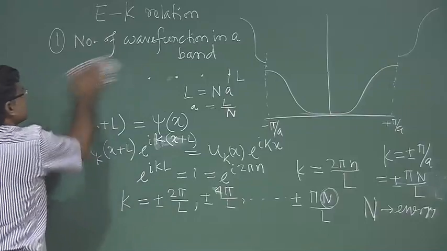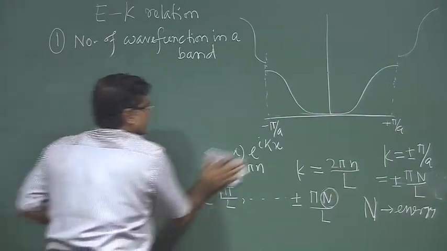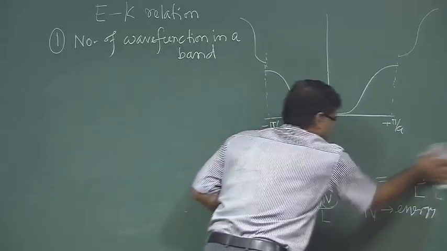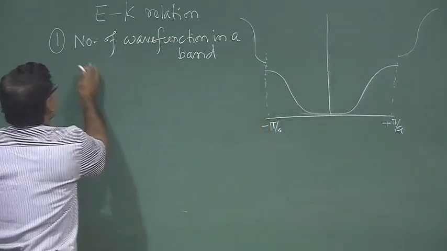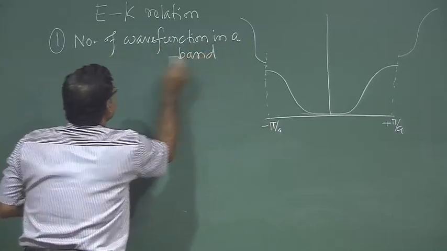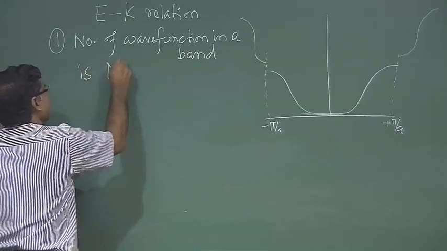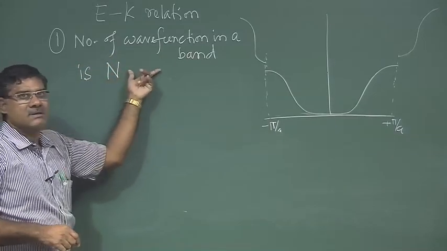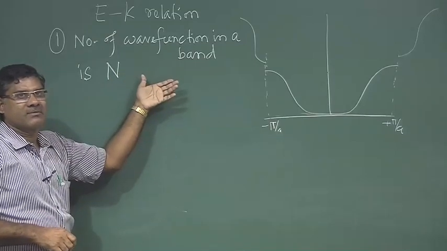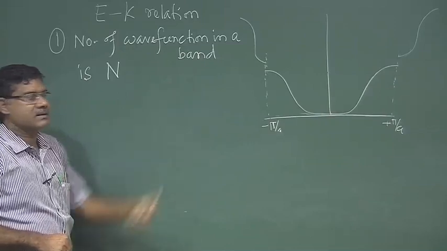So, the important conclusion is that the number of wave functions in a band is n, which is the number of primitive unit cells in the finite crystal.